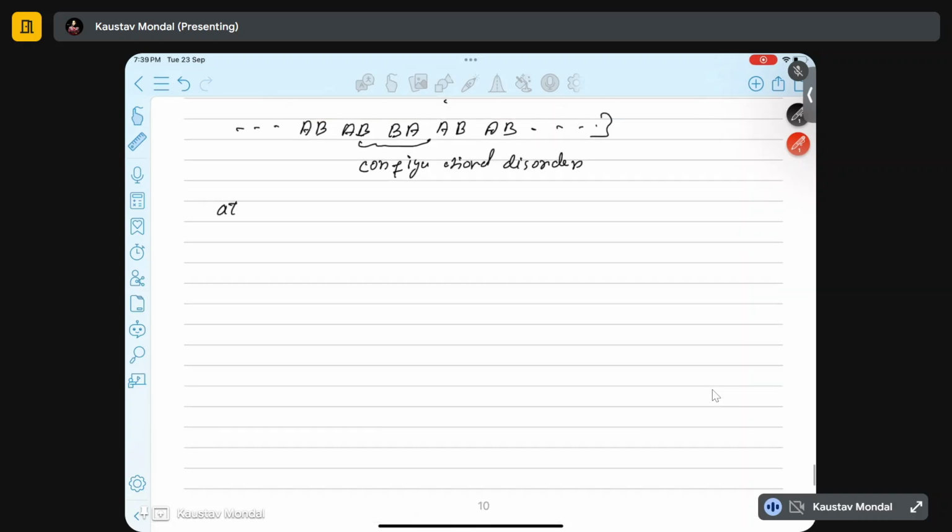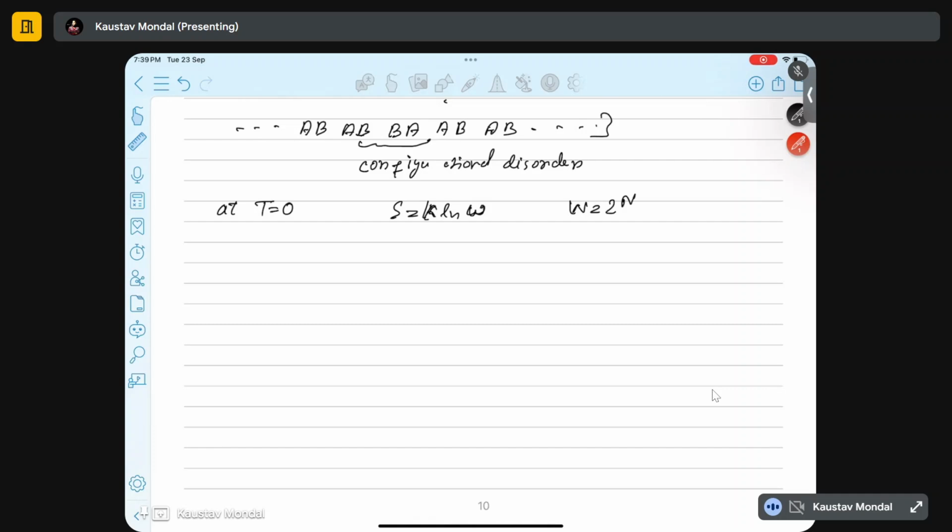So at T equal to 0, we know S equal to k ln W, where W is the number of configurations, right? Now, suppose there are n molecules. Since each molecule can take two states, either AB or BA, the possible number of combinations is W equal to 2 to the power n, right?